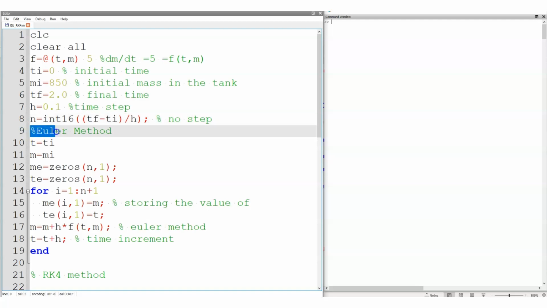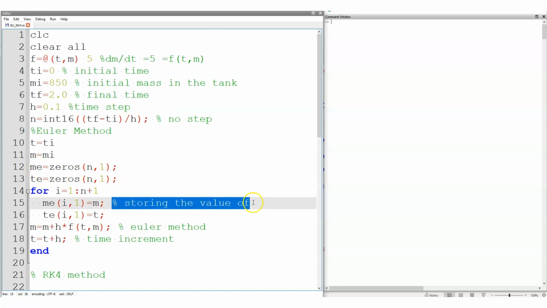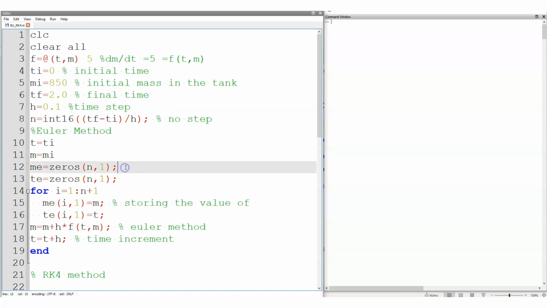Then I am calculating m by using the Euler method. So t is equal to ti, and the generic variable m is equal to mi. Now here m is for storing the value, and this also stores the value of t.